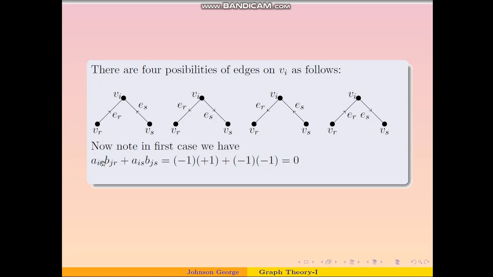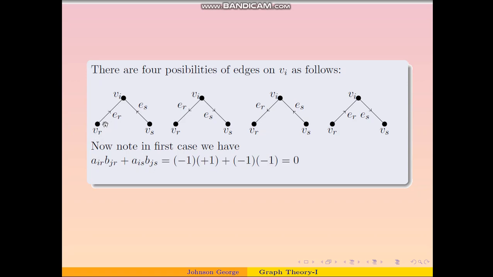Let us see that. Now AIR, we know that AIR is the entry of the incidence matrix, and the entry is equal to +1 if the vertex Vi is the initial vertex of edge Er, and if the vertex Vi is the terminal vertex of Er, then it is -1.